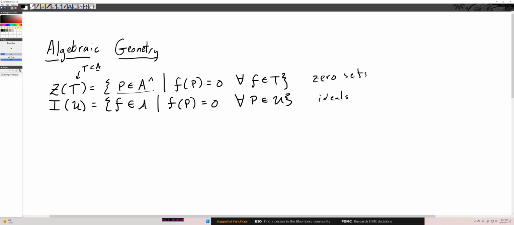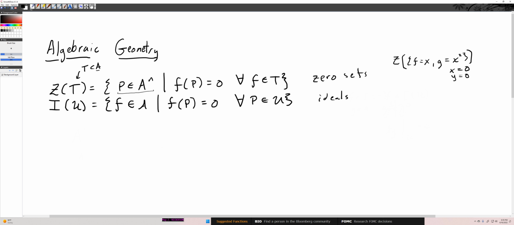Okay? On the other hand, just as an example, maybe two functions, f is x and g is x squared. Well, then if I were to find the zero set of this, it'd probably be like x is 0, right? And maybe even y is 0, depending on how I'm looking at it. Okay?